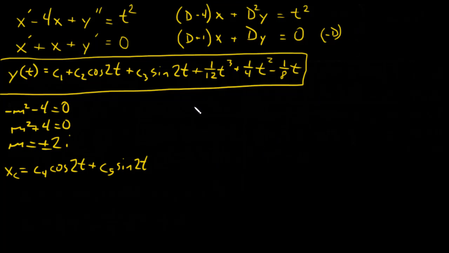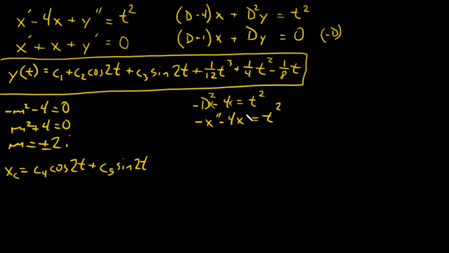I had negative, what was it? D squared minus 4 equals t squared, I think, something like that. And there was an x there, of course. And so this is negative x double prime minus 4x equals t squared. I sure hope that's what that was.